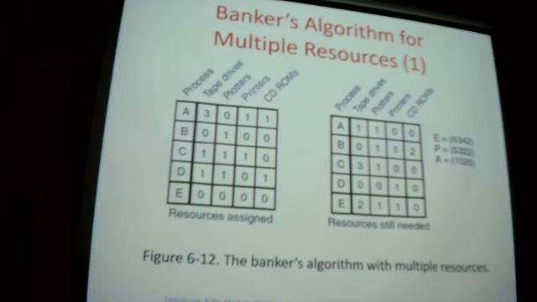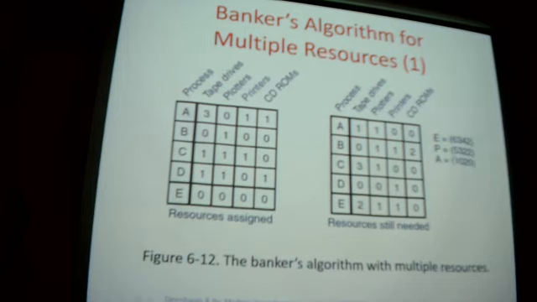So the meaning of tuple A: available resources. For example, tape drivers: there are a total of 6 and 5 have been assigned, so the available number is 1.